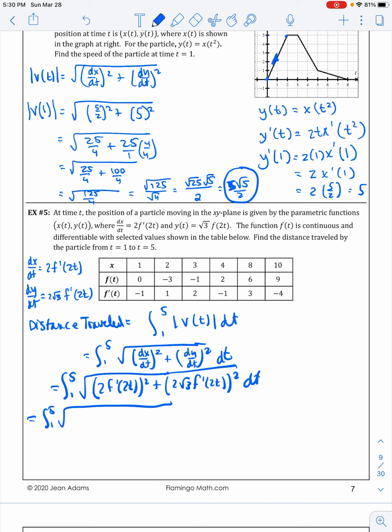Okay, and now integral from 1 to 5, square root of, my 2 squared is 4, and then times my f prime of 2t squared. And then when I square my square root of 3, I get 3, times f prime of 2t squared.